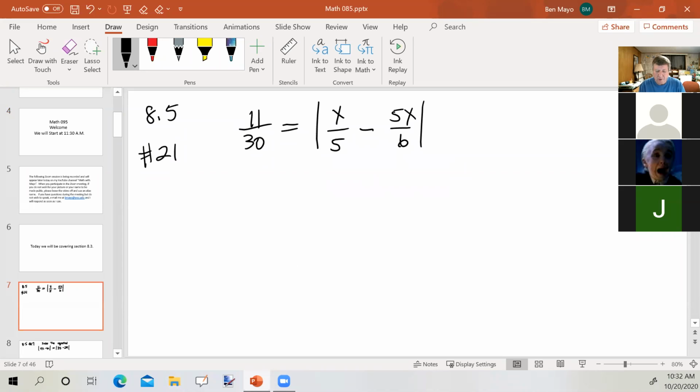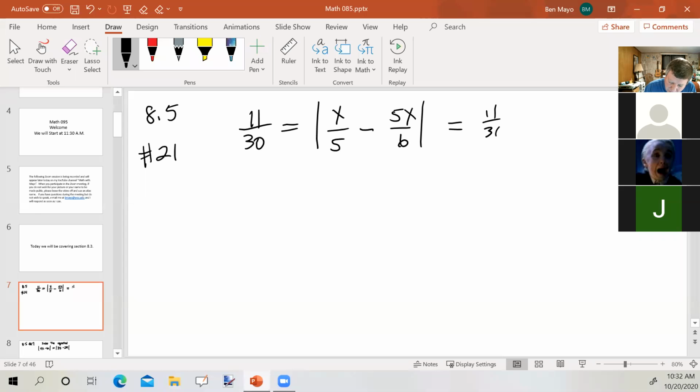All right. So we have a number equal to an absolute value. It doesn't really matter which side of the equation the absolute value is on. I'm going to switch it around though, just because I like to do it that way.